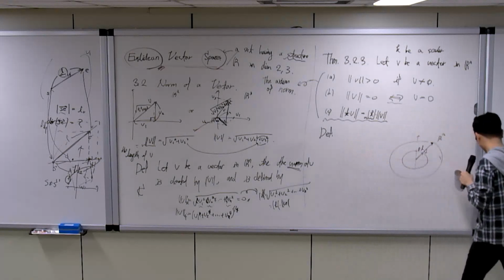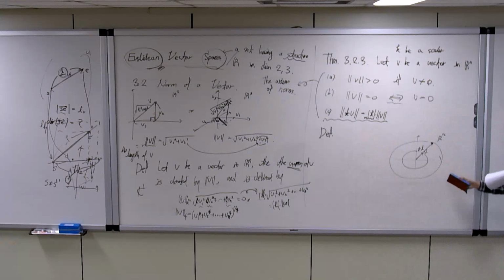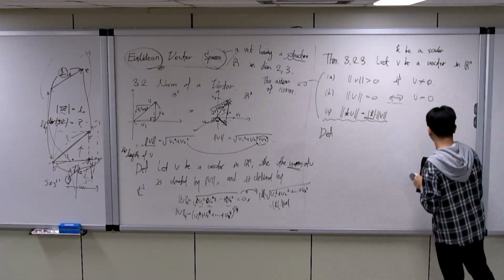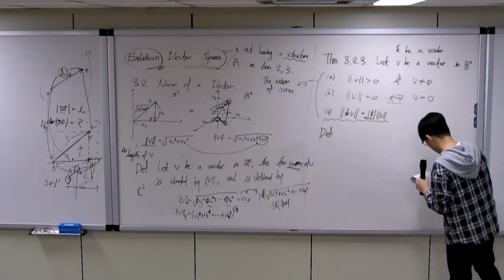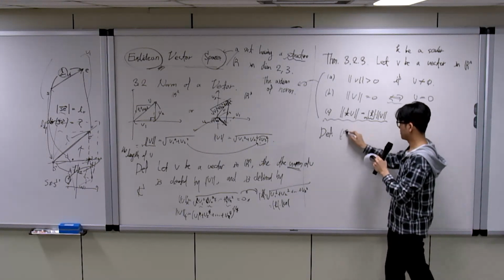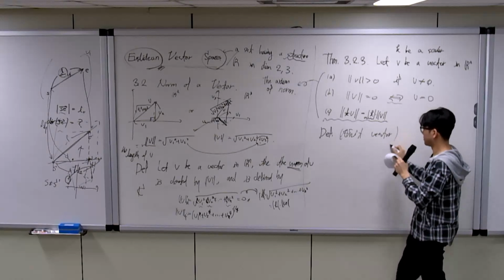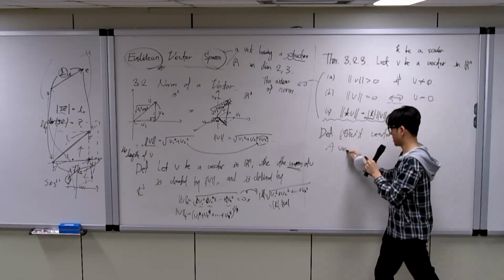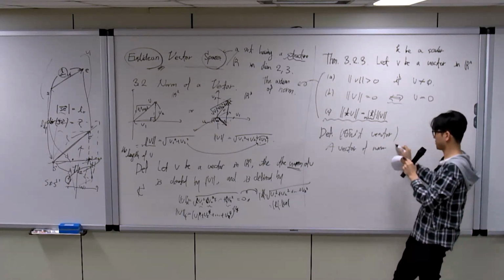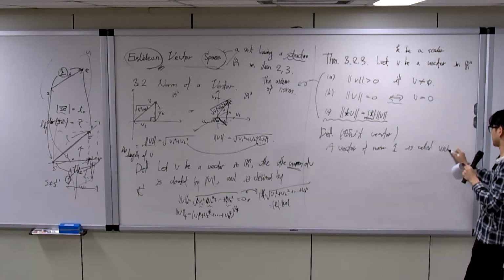And so by using this, I will define the unit vector. It is a length 1 vector, and so it is called the unit vector.